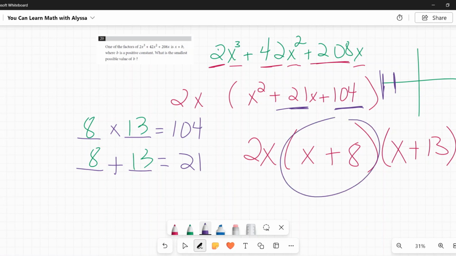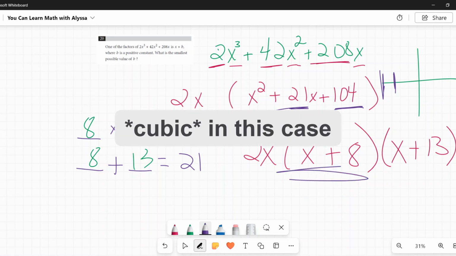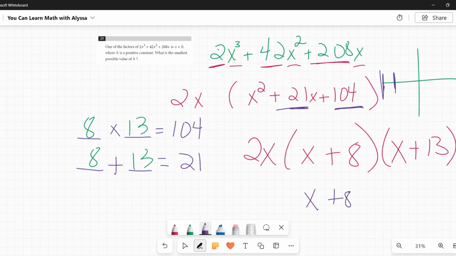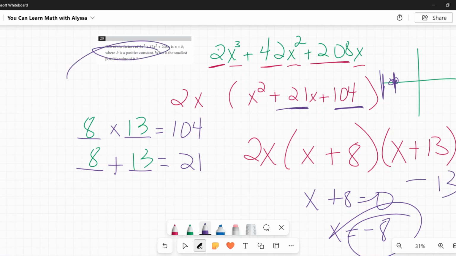But you don't realize that to find those x-intercepts, where it crosses, those zeros of the function, you have to take that x plus 8 and set it equal to 0 and then you solve and you find that x is -8. So it's going to be a -8 on that graph. Because if you just go straight there, you're going to get -8 and -13 and like, wait, it says b is a positive constant. What's going on? We don't want that to happen.